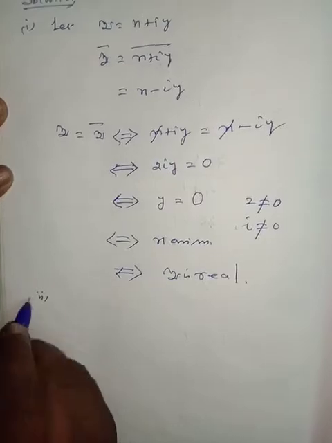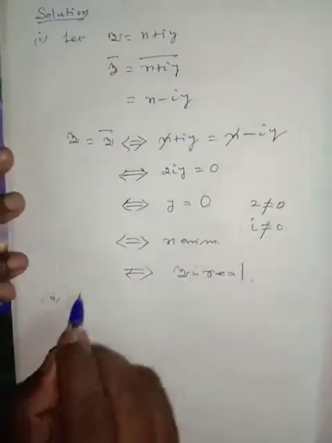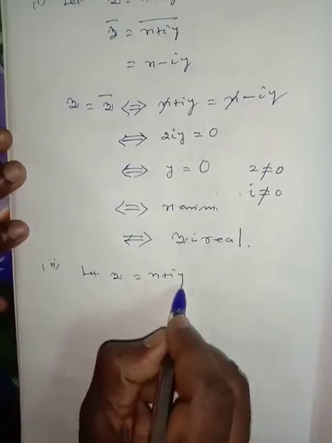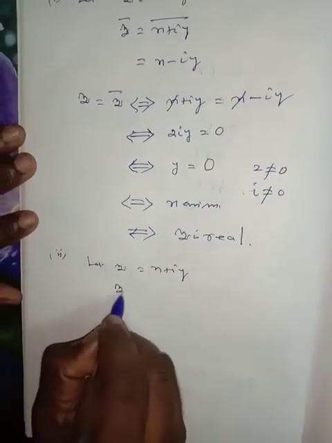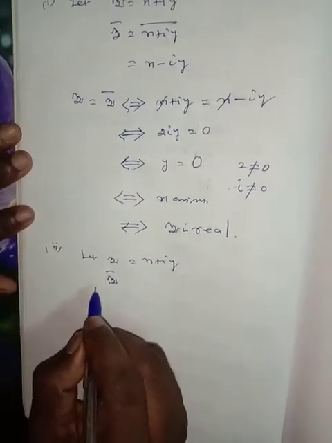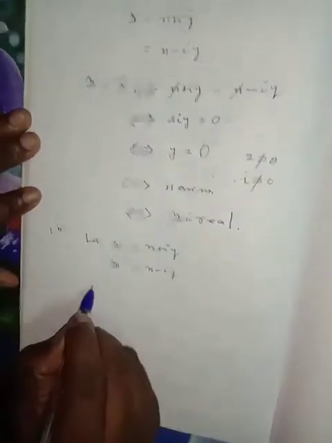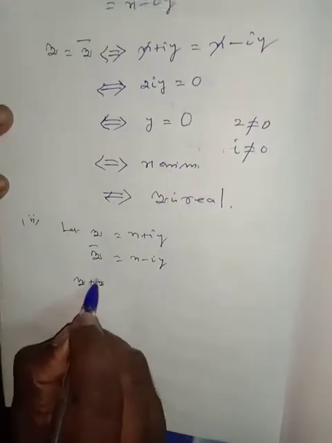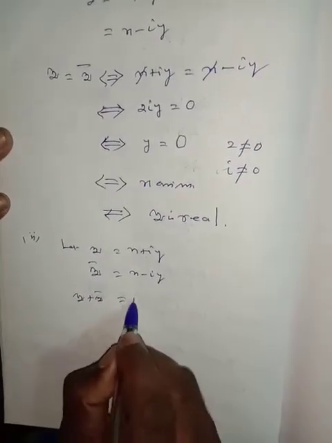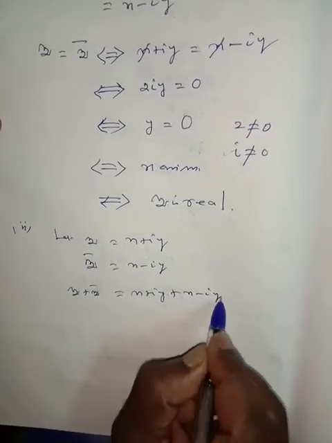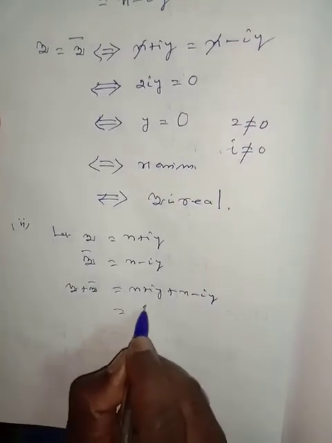Second part of the result, let z is equal to x plus iy. z bar means conjugate of the complex number, which is x minus iy. Now z plus z bar is equal to x plus iy plus x minus iy is equal to 2x.